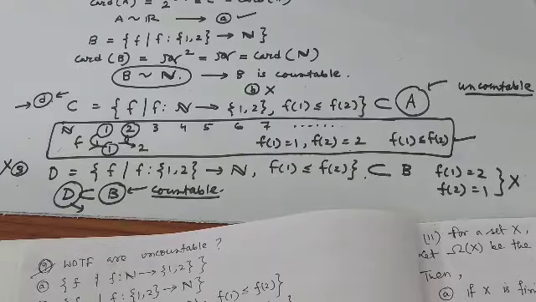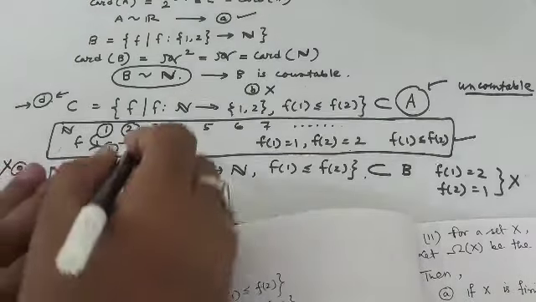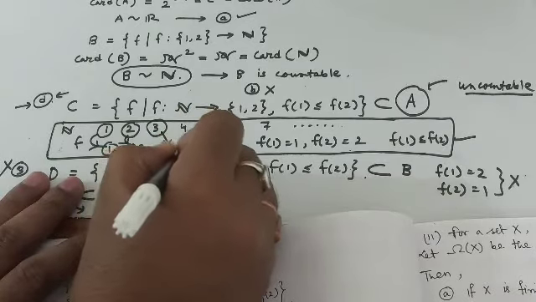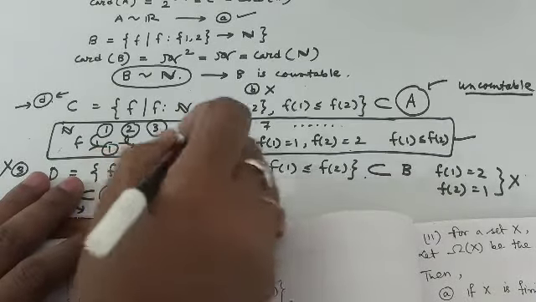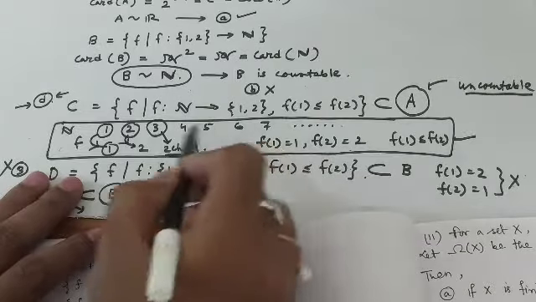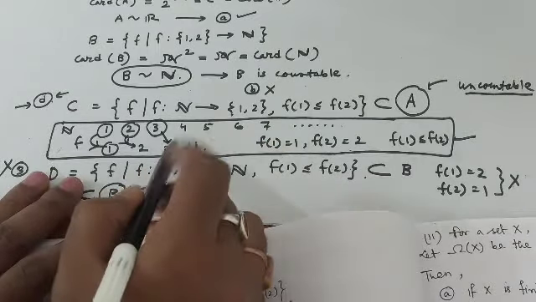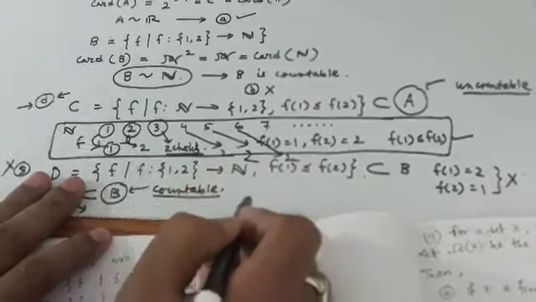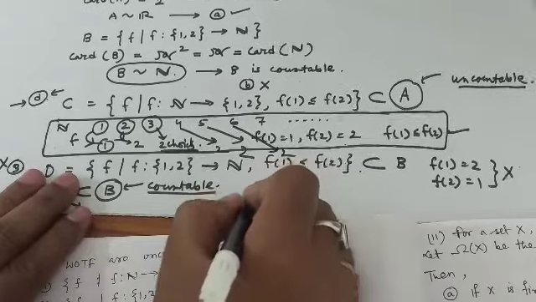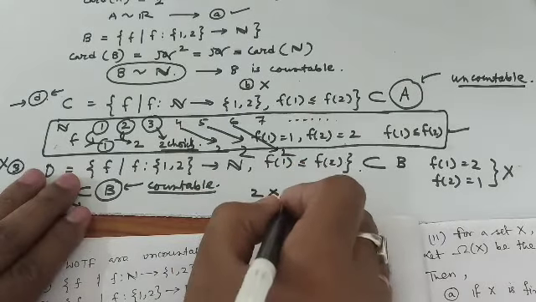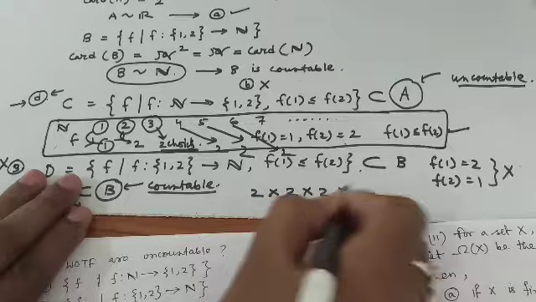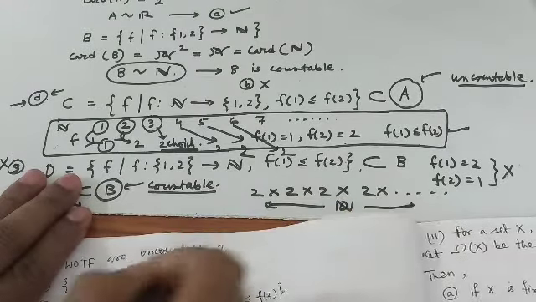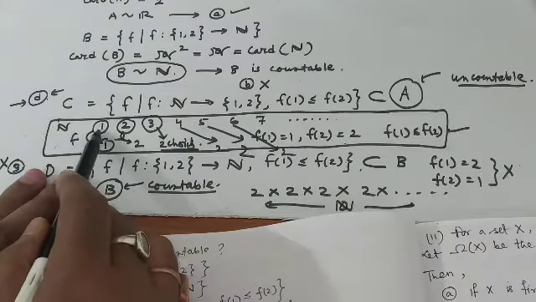Okay, such a restriction is there, and for the rest of the elements, look, 3 has two choices, because in the codomain you just have 1 and 2. 3 can either map to 1 or it can map to 2. 4 has similarly two choices. 5 has similarly two choices. 6 has similarly two choices. 7, two choices. And thus, how many choices or how many simultaneous ways are there? 2 times 2 times 2 up to aleph-not number of times, because the only restriction is in the finite case, that is 1 and 2.